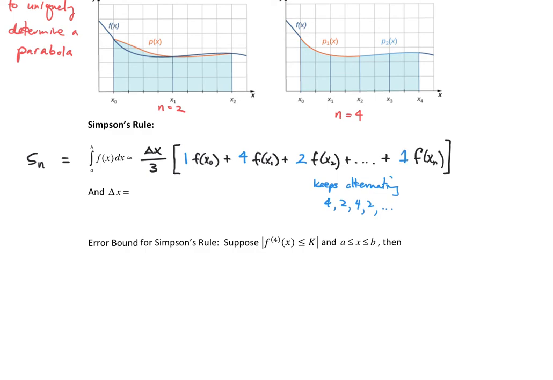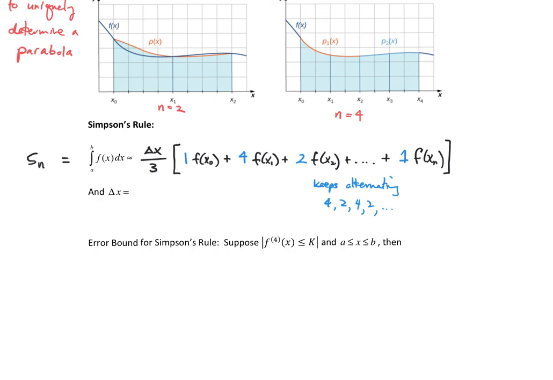Just to reiterate, you take the width of a subinterval and divide it by 3 this time. You have your function values evaluated at each of those endpoints, and the coefficients alternate. The first and last coefficients are 1, and in the middle it alternates 4, 2, 4, 2.